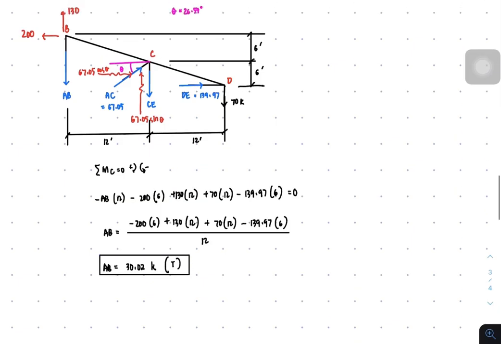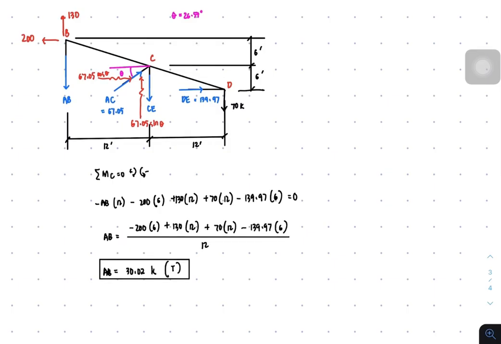Okay, now we're gonna proceed in solving for CE, summation of forces vertical equal to 0. So you have positive 130 minus AB, and then the vertical component, that's positive 67.05 sine of 26.57 as theta, and then minus 70 equal to 0.